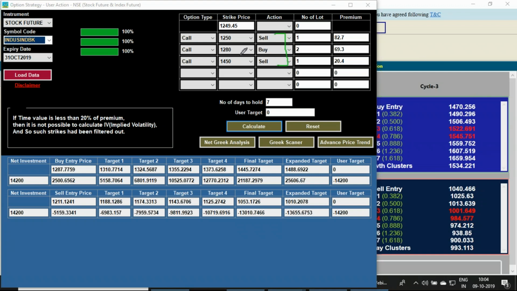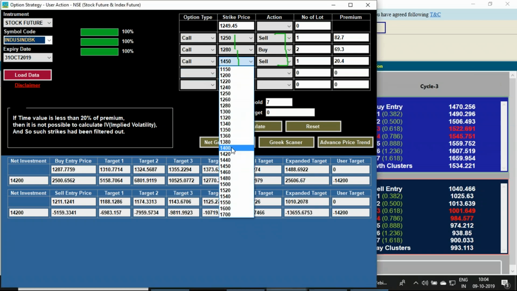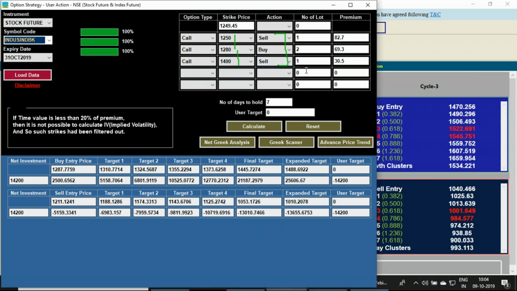In this butterfly, the wing depth is almost 170 points on one side, and here 30 rupees as a depth. So you can form a wide wing butterfly, or you can also sell 1400. Nothing wrong, if you want to reduce further, you can sell 1400 also.